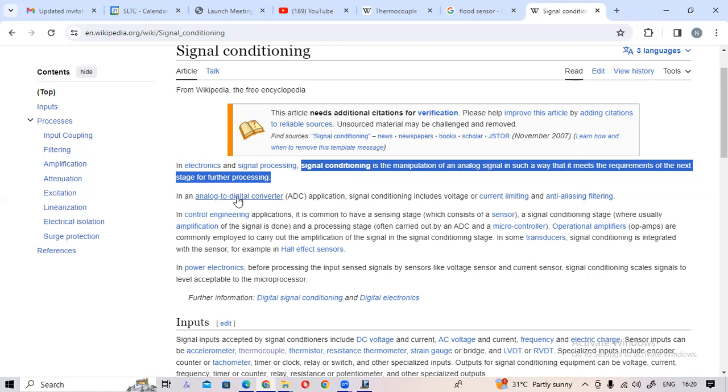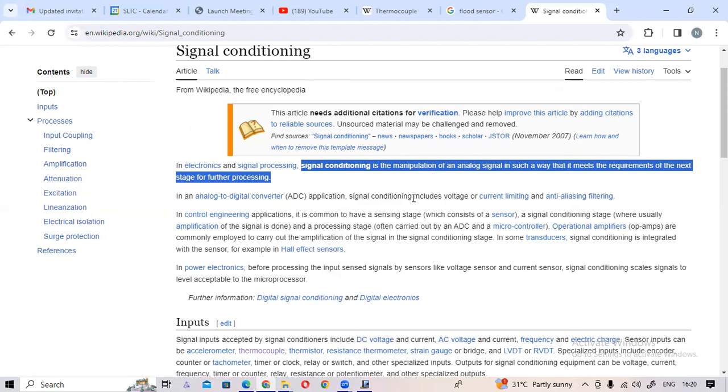And here, one example is given. For example, in an analog to digital converter, there are many signal conditioning processes. One is current limiting. That means you are ensuring the operating range of that ADC.